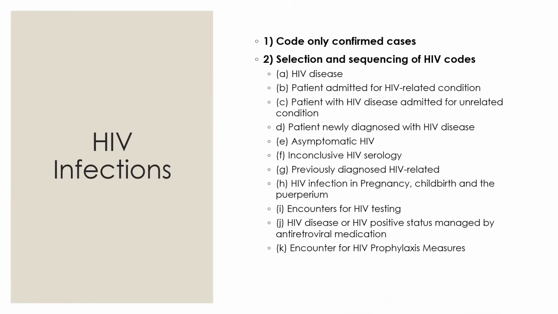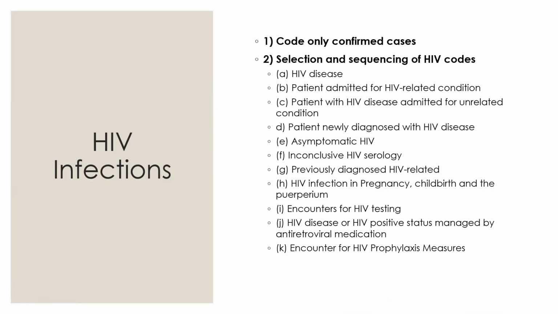Selection and sequencing of HIV codes. If the term AIDS or HIV disease is documented, that is enough to bill code B20. When a patient is admitted for an HIV-related condition, B20 should be the primary or principal listed diagnosis, followed by additional diagnosis codes that report the HIV-related conditions.